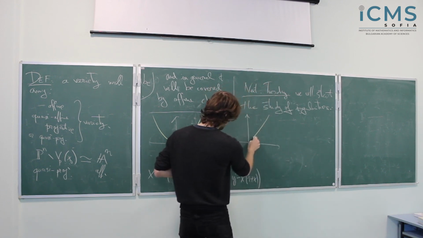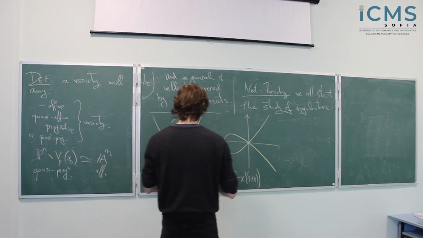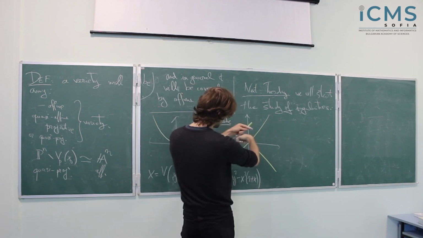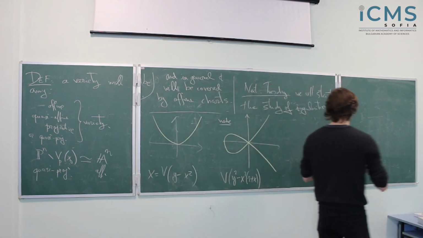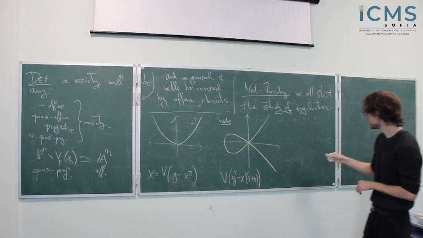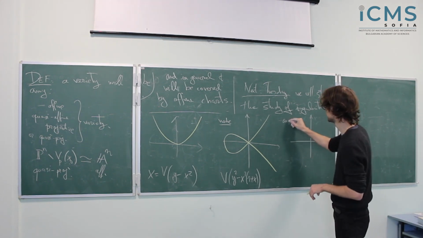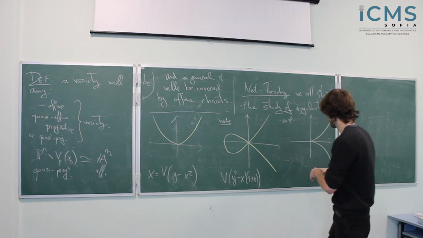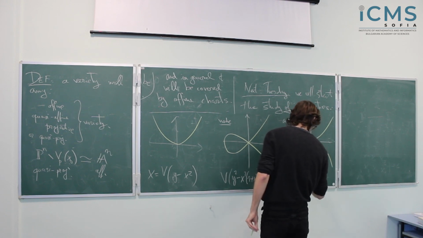So this is a node, because you can imagine that it's 2 strings tied up together there. And the final example will be what we call a cusp. Here it looks something like this, and its basic equation is y squared minus x cubed.